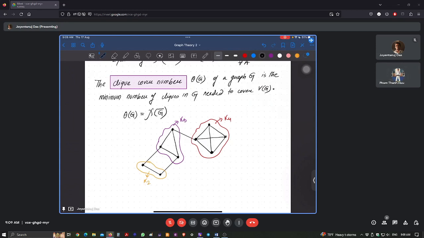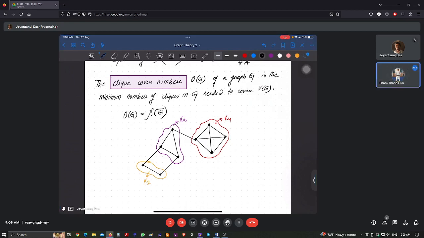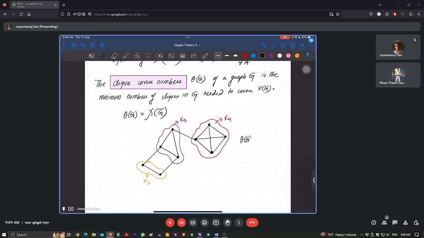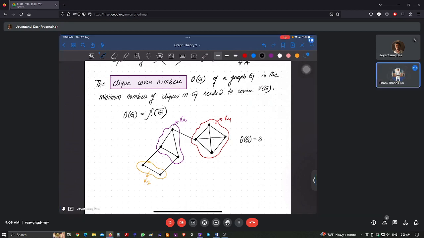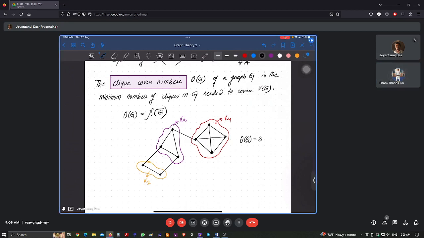If I take these three cliques, then all the vertices are covered. So here theta of G is 3. I think this is the minimum one, and this gives you the clique cover number.